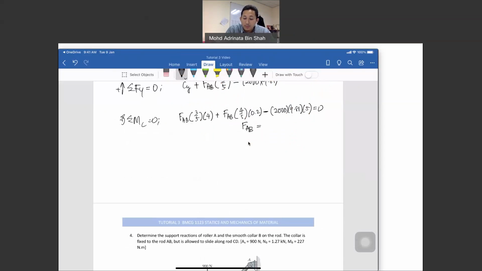So from this one, we can solve our FAB equals 2000 times 9.81 times 5 divided by 12/5 plus 0.8/5.